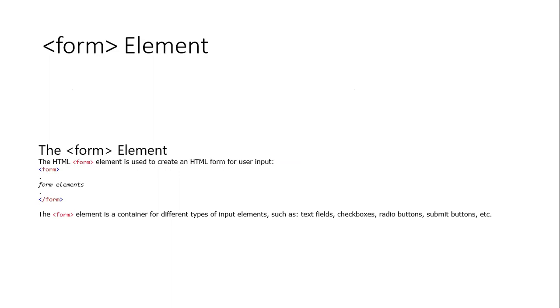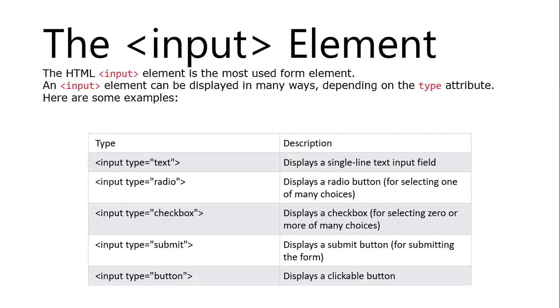It acts as a container which helps us take the input from the user in the form of text fields, check boxes, radio buttons, submit buttons, etc. And here is a list of types that we can give as an input through our form: the text field, radio button, check boxes, submit button, and usually a normal button if you want to make use of it. Right? So let's begin.